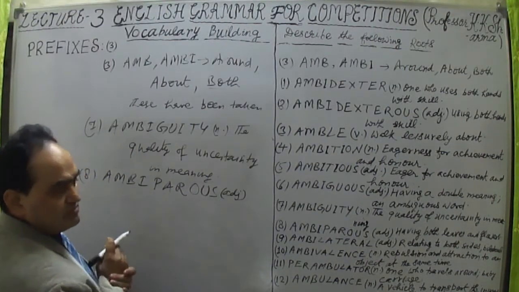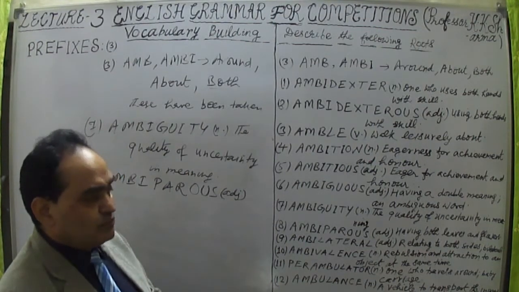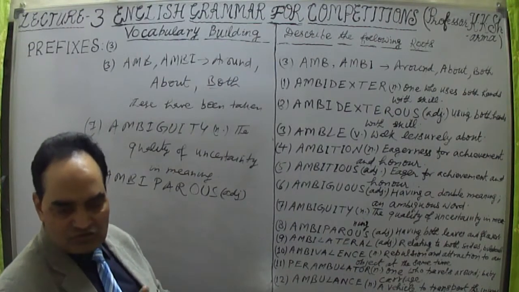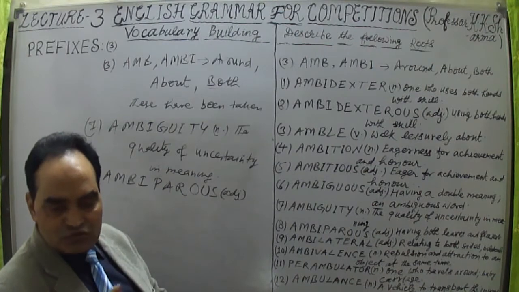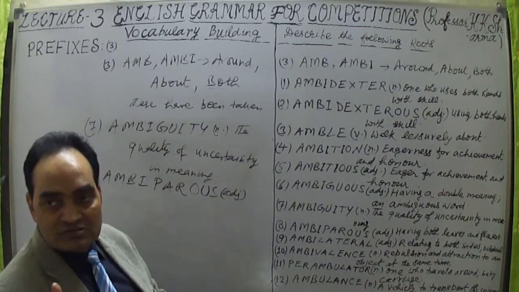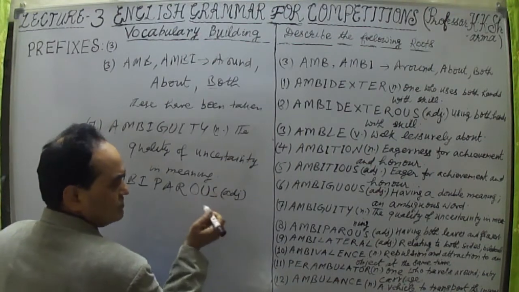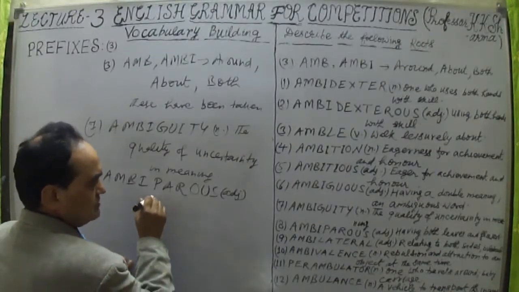Ambiguous. Now ambiguous means the quality of having both leaves and flowers. The plants, mostly, the plants which have both flowers as well as leaves, that is ambiguous. Ambi means both, flowers and leaves.